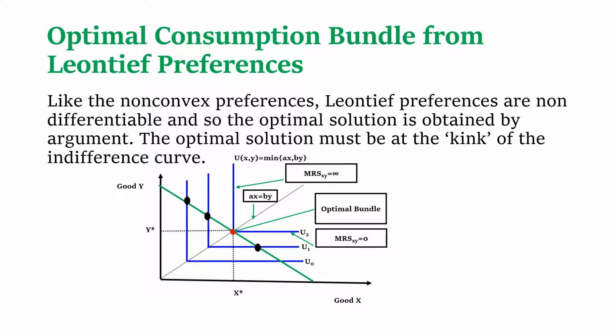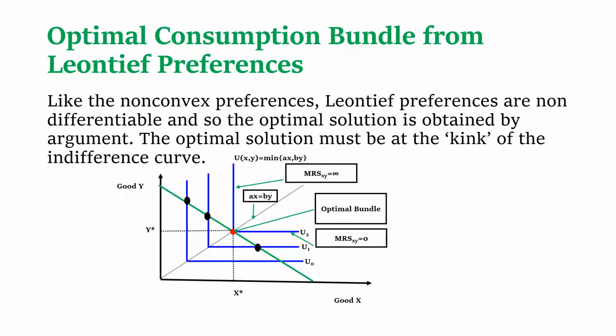Say, for example, you have left shoes and right shoes. You are better off having equal amounts of those two goods, equal amounts of left as well as right shoes.